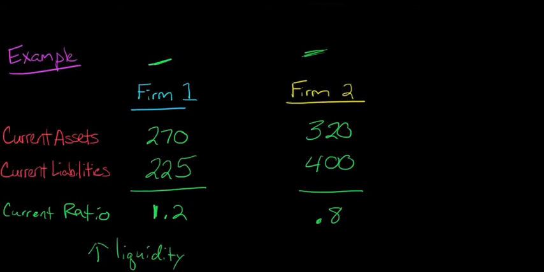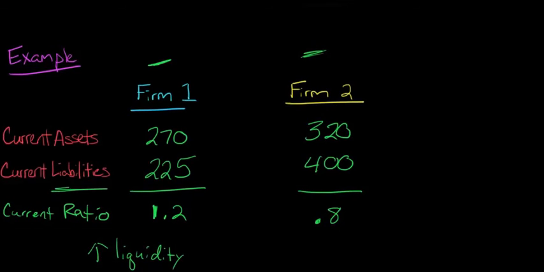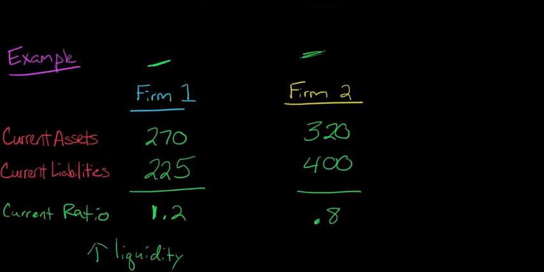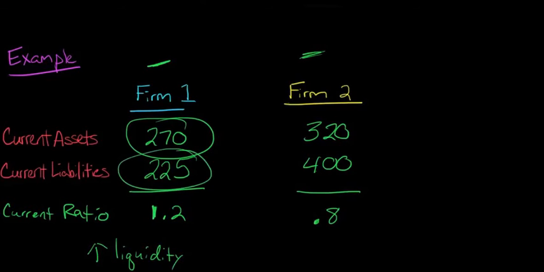If we forgot about computing this ratio for a moment and just subtracted the liabilities from the assets for firm 1, we would have a positive number. In other words, there are more current assets than there are current liabilities. And that implies that the firm is liquid, right?